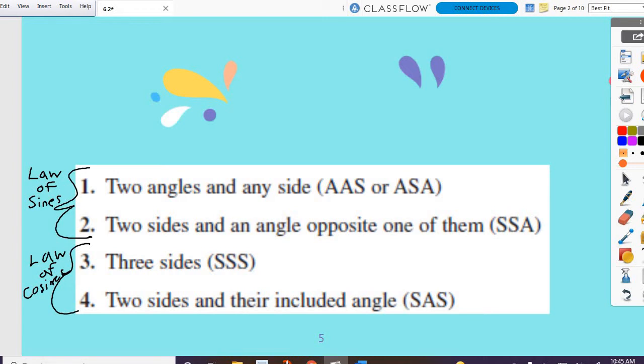Now, an easy question for me to give you on a test is which of the following cases uses law of cosines? And I have as options angle, angle, side, angle, side, angle, side, side, angle, and side, side, side. So you would have to choose side, side, side is the one that you need to use, right?